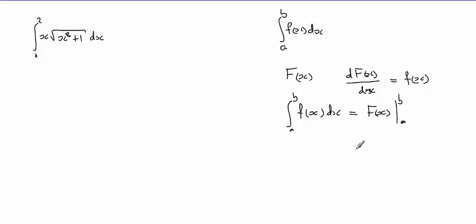That is the value of the function at the upper limit minus the value of the function at the lower limit. Then what you get here is a numerical value.